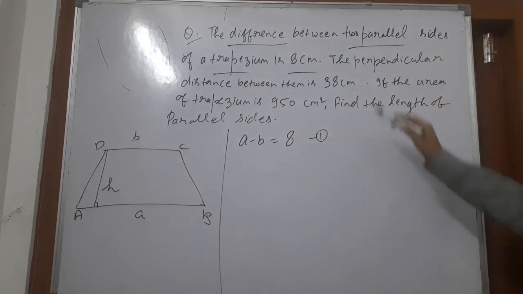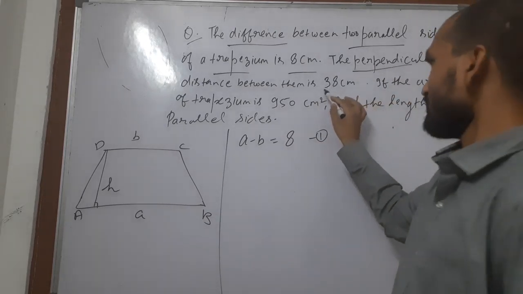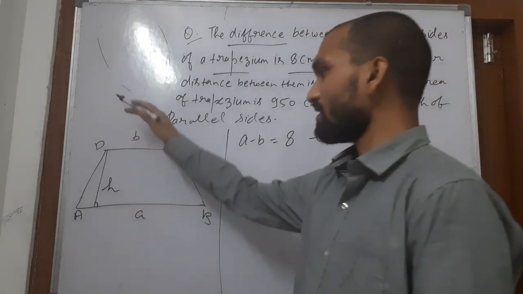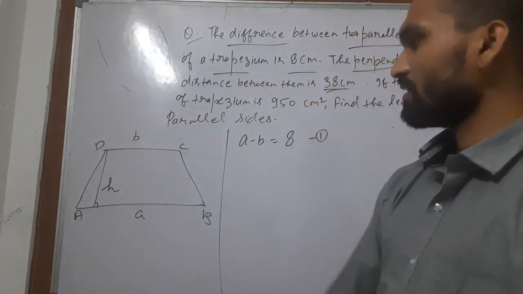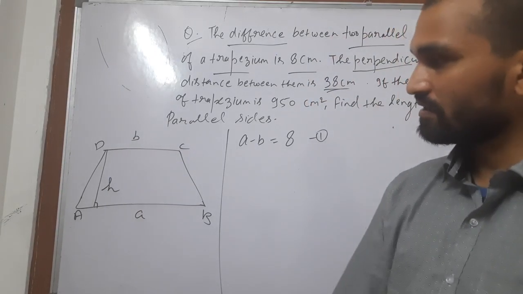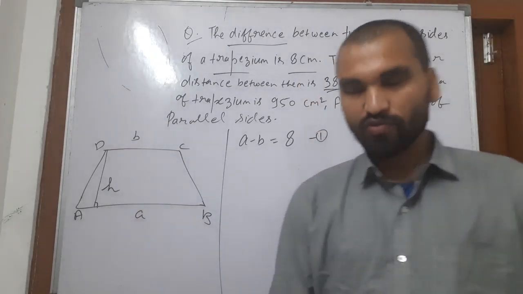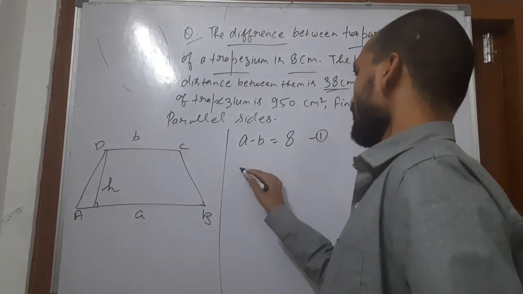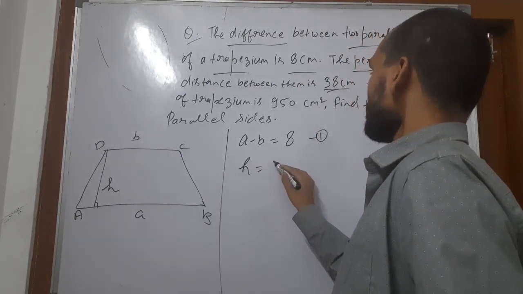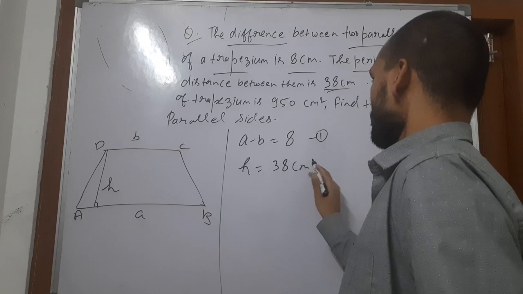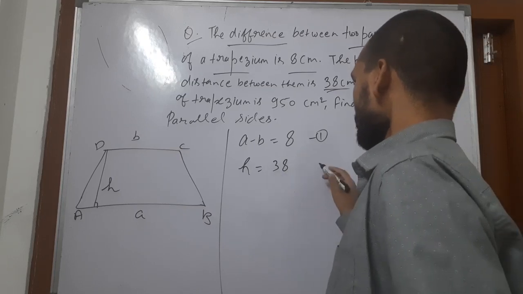And after that the perpendicular distance between them is 38 centimeter. What is the perpendicular distance? Perpendicular distance is h, because h is the perpendicular on AB and DC both. So what is h? h is 38 centimeter. Okay.